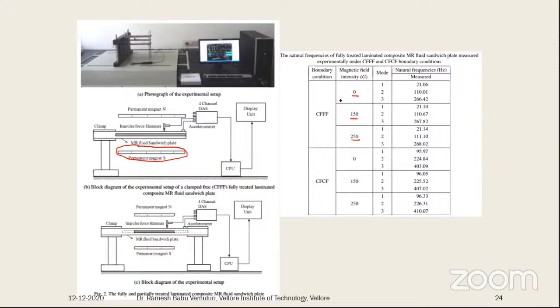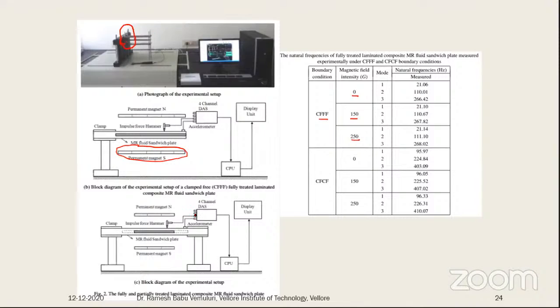And this is about the boundary condition, where only one place is fixed, and in the remaining directions it is free. The next case is clamped-free, where in the opposite direction one more clamping has been done.